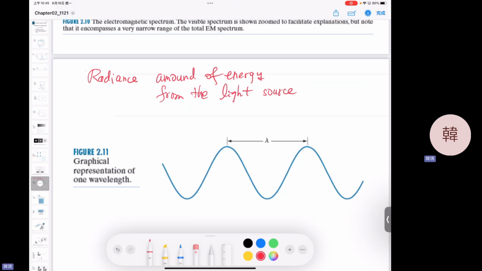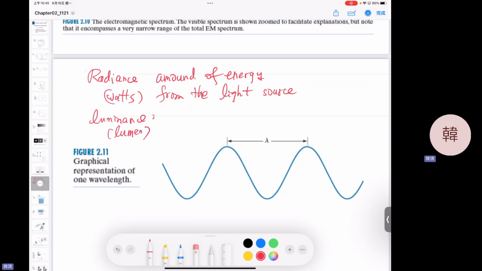If you sit in a dark room with no single light source, you see nothing there. We say the unit of radiance is watt. How many watts? And the second one is luminance. It's like intensity, and the unit is lumen.